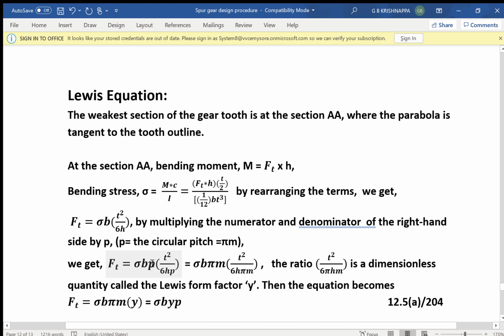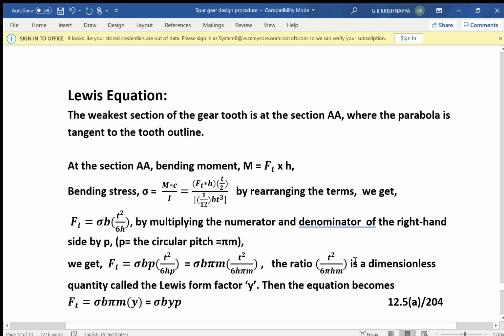Just multiply numerator and denominator by p. For p we have substituted pi m here. So that equation becomes Ft is equal to sigma b pi m t square by 6h pi m.